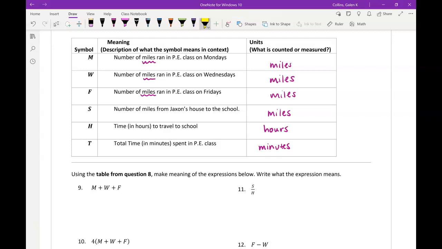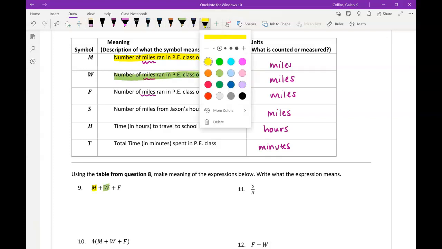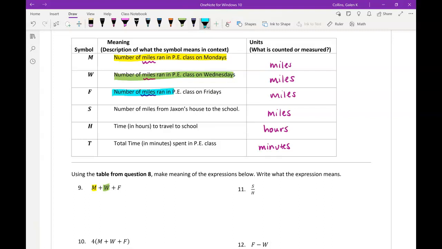So if I add M, W, and F, I'm adding the number of miles ran in PE class on Monday with the number of miles ran on Wednesday in PE class, and we're adding to that the number of miles ran on Friday. So there's a lot of ways that we could express this, but we might think of this as the total number of miles that Jackson ran in his PE class in 1 week.